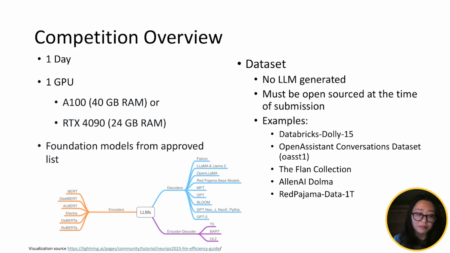Sebastian from Lightning AI helpfully mapped out the collection of models that we chose, and some of them are encoder models. As mentioned, encoder models randomly mask a percentage of the text, and you're trying to predict what's masked, so it's bidirectional. For tasks like classification and sentiment analysis, those are the models that tend to perform really well.